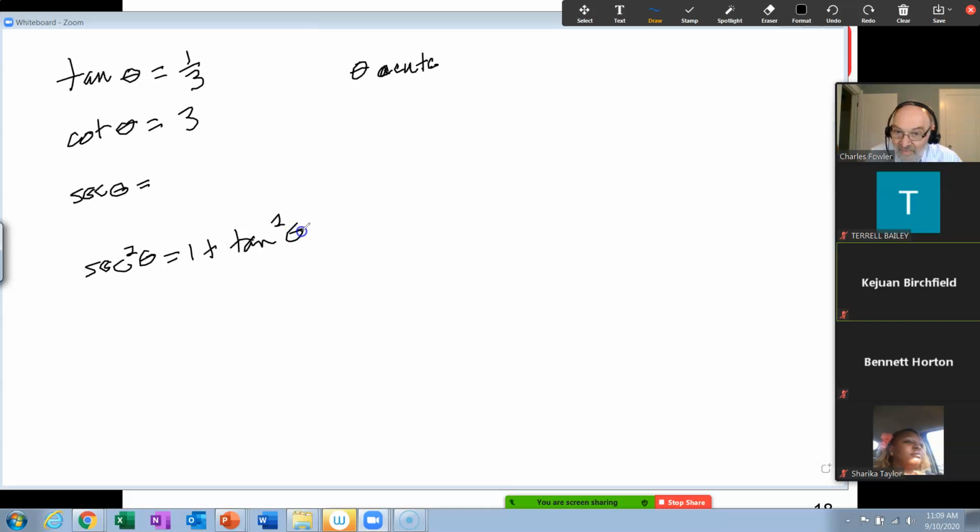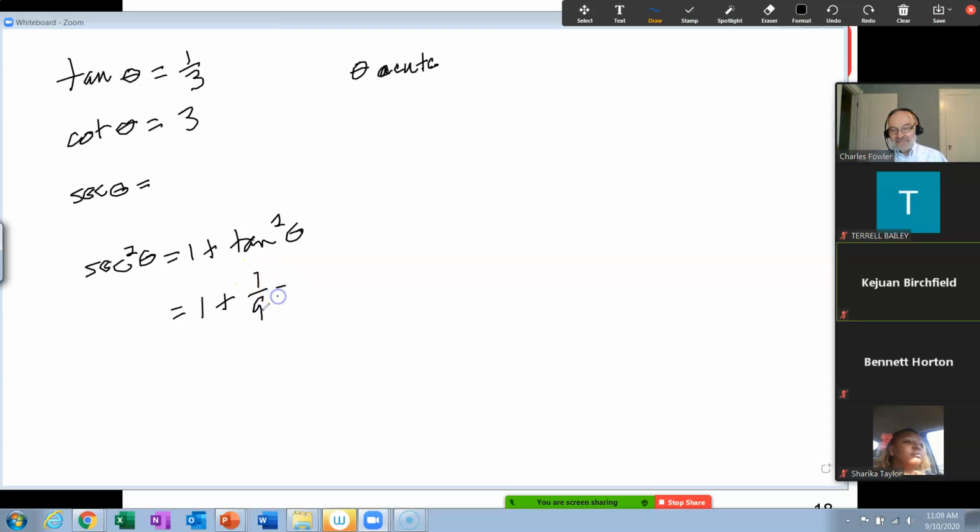That was the Pythagorean identity. Secant squared theta is 1 plus tangent squared theta. Okay, if tangent theta is 1/3, tangent squared would be 1/9.